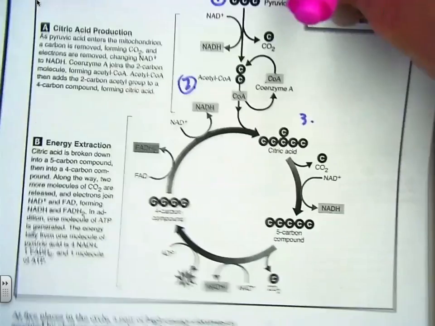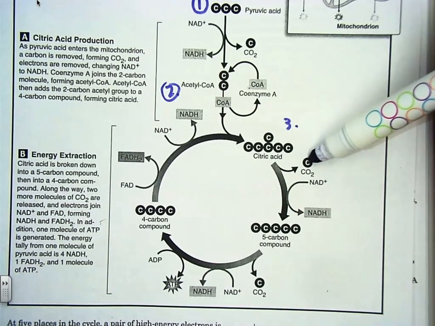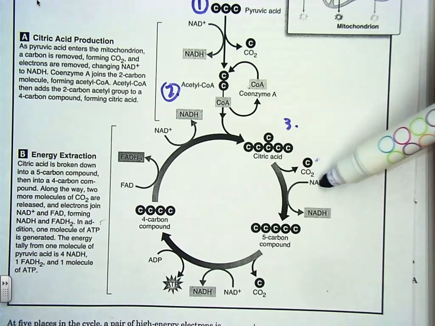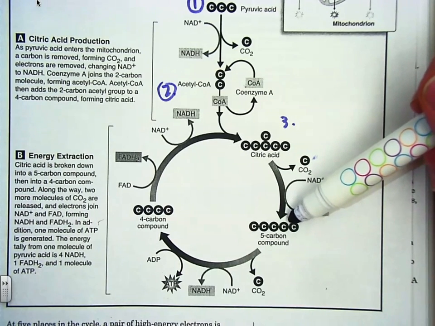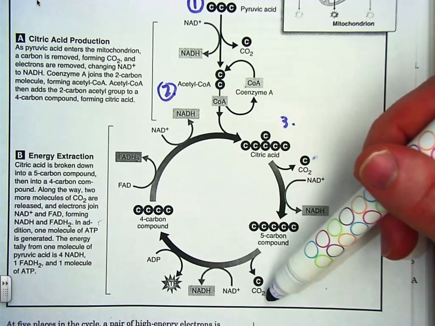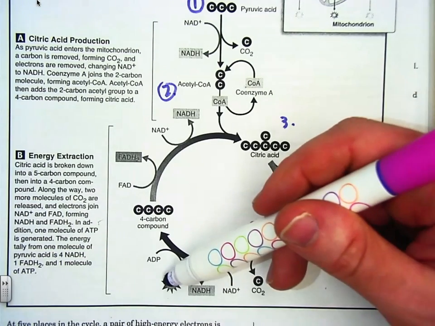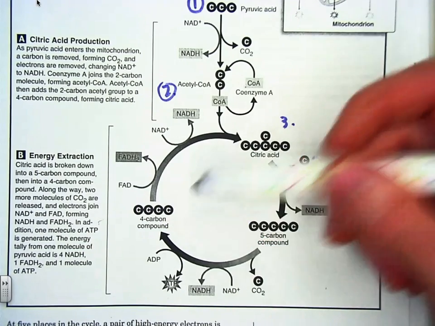So here's citric acid right here. The first step is 1 carbon is removed in the form of carbon dioxide. And in that process, NAD plus gets turned into NADH. And then you have a 5-carbon molecule. And it happens again. This time carbon dioxide is released. And NAD plus gets turned into NADH. And you get some ATP out of the deal. And that brings you back to a 4-carbon molecule. Alright, do you see how it's a cycle?